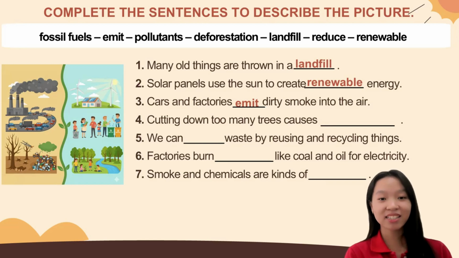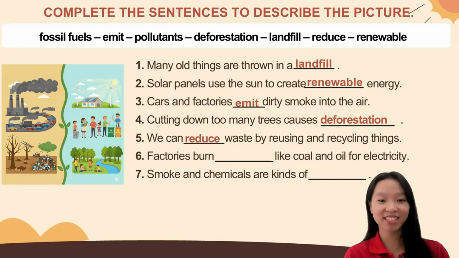Number 4, cutting down many trees causes deforestation. Number 5, we can reduce waste by reusing and recycling things. Number 6, factories burn fossil fuels like coal or oil for electricity. And the last one, number 7, smoke and chemicals are kinds of pollutants.